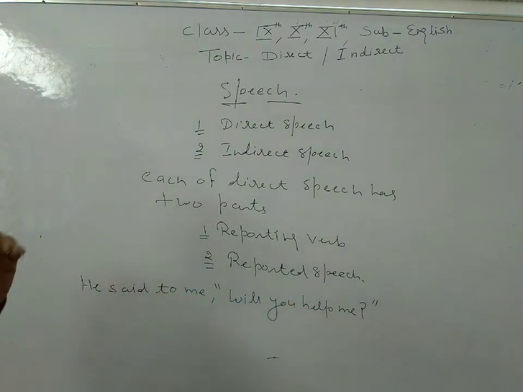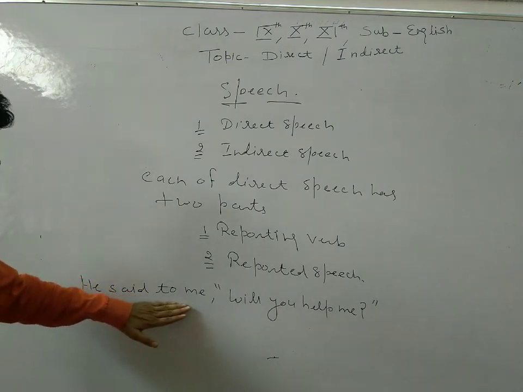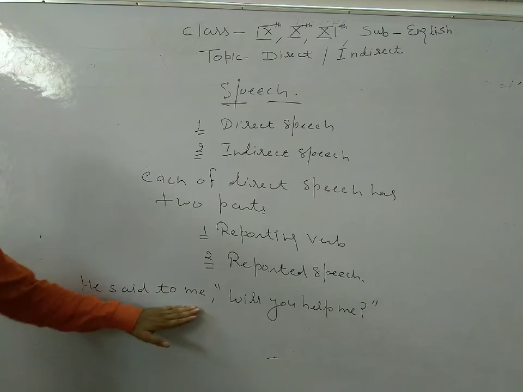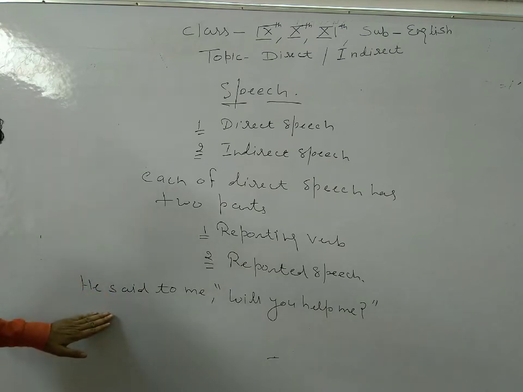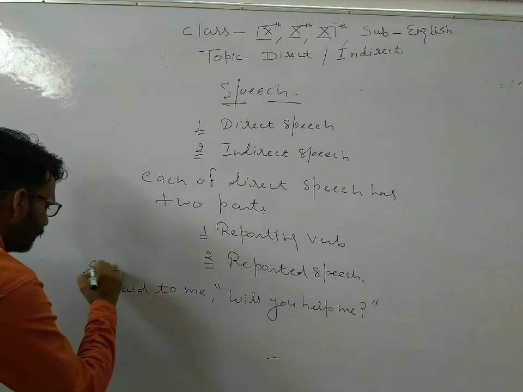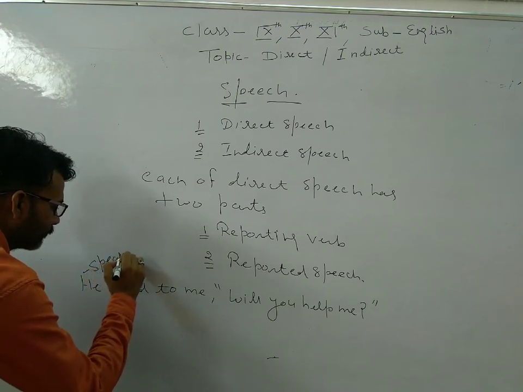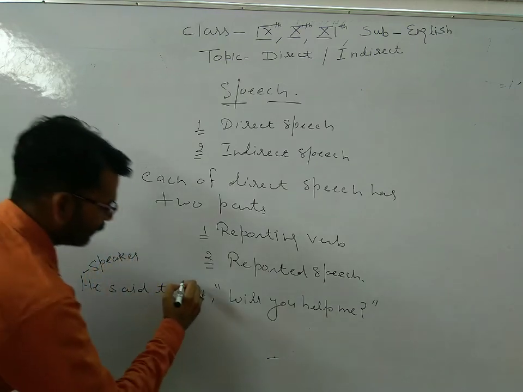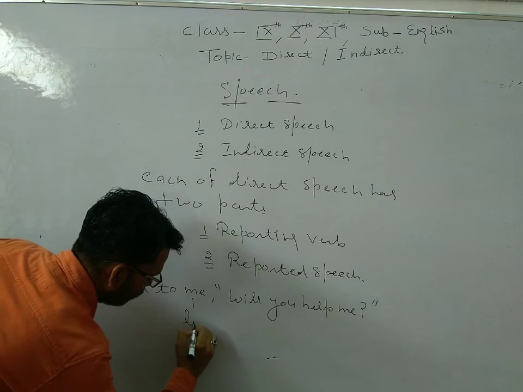When we try to find out these things, we will get four things in this sentence. First, we will get the subject, because in the part of the reporting verb there is a speaker, and there is a listener also.